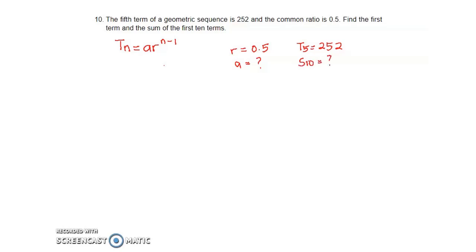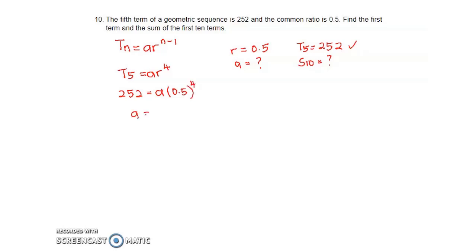Since we have information about T5, we use the general term formula. We write T5 in its general term. So T5 equal to A R to the power of 4, since 5 minus 1 equal to 4. We know that T5 equal to 252, A is the first term and R is 0.5 to the power of 4.